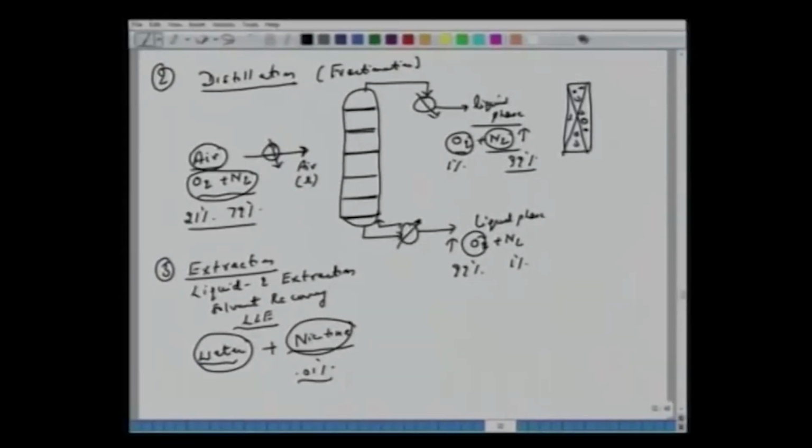So how do we remove nicotine from water? Absorption may not work, distillation may not work, because we may not have appreciable solubility or relative volatility. So LLE is another unit operation where you bring this liquid of water plus nicotine in contact with another liquid like kerosene.